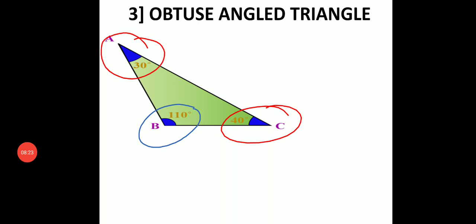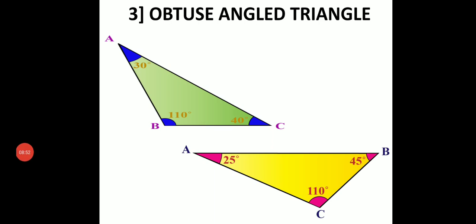So students, in a triangle, when out of the three angles, if one angle measures more than 90 and the other two angle measures less than 90, that time we name that triangle as an obtuse angle triangle. Now let's have a look at the second example.